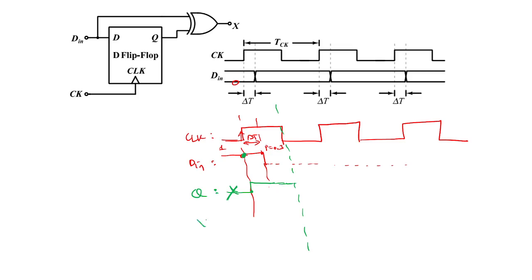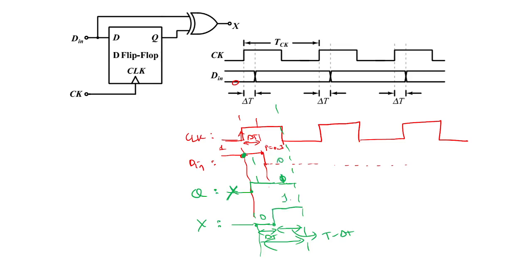You focus on one cycle. What is the value of X? Here it doesn't matter, I am concerned only about this. Between 0 to delta t, Q is 1, D is also 1, so the output will be 0. From delta t, in this T minus delta t time, Q is 1 and D is 0, so obviously the output is going to be 1.